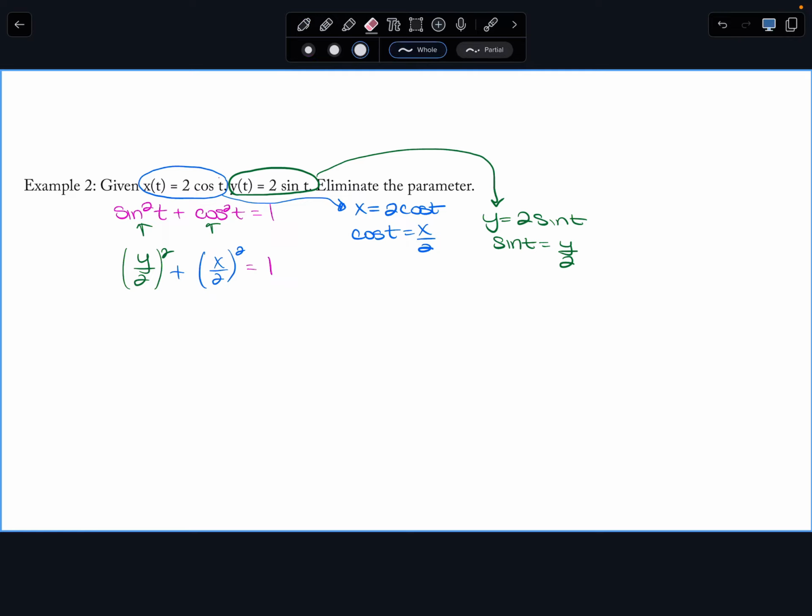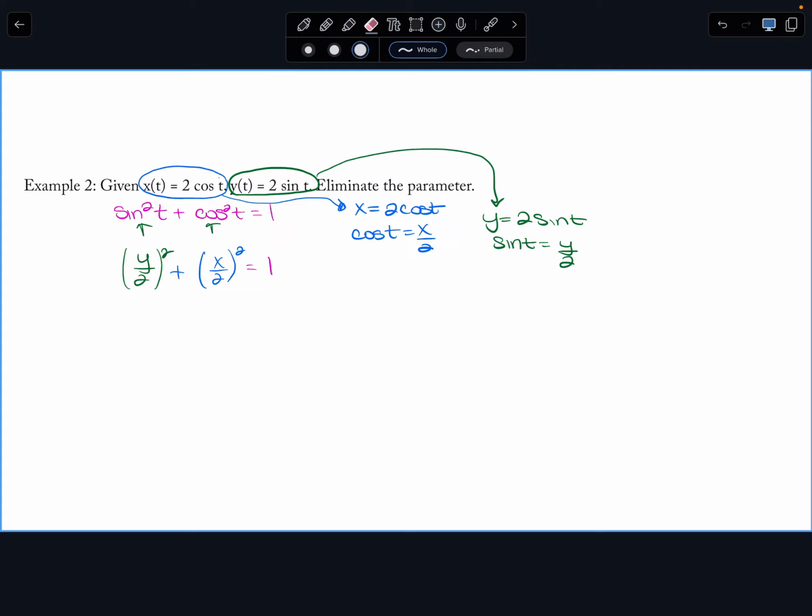If I want to eliminate a parameter, I am eliminating the variable that is in common between the two equations. So T. What's a parametric equation? Parametric equations in general are equations that have a common parameter.